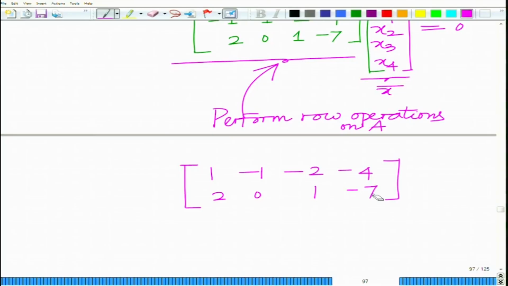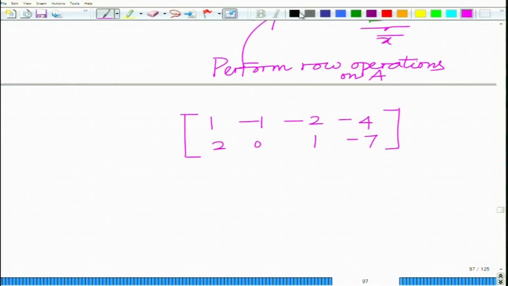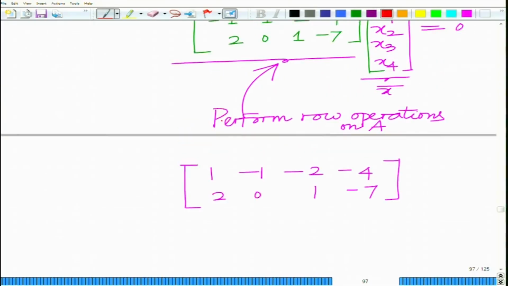First, what we are going to do is reduce the pivot to 1. I am sorry. So, sorry, this is minus 1, 1, 2, 4.